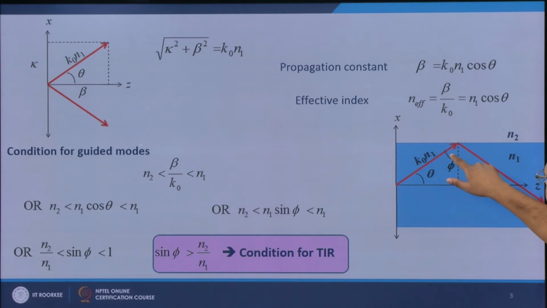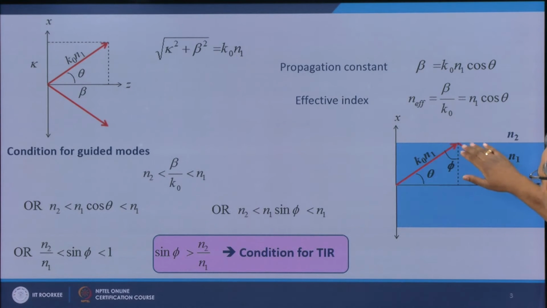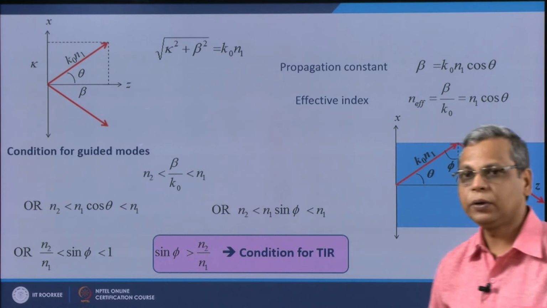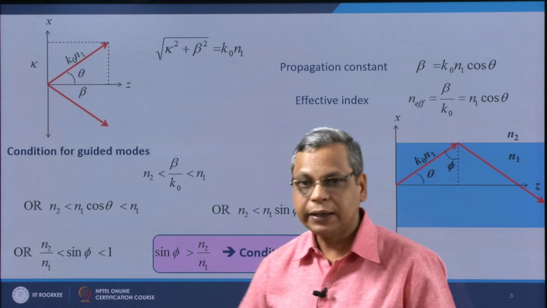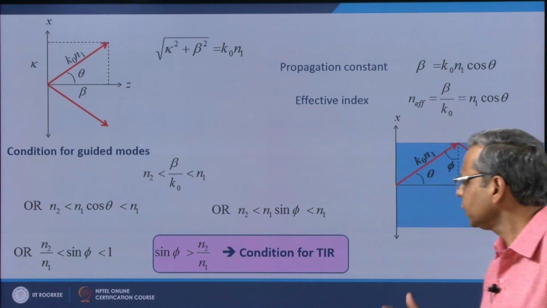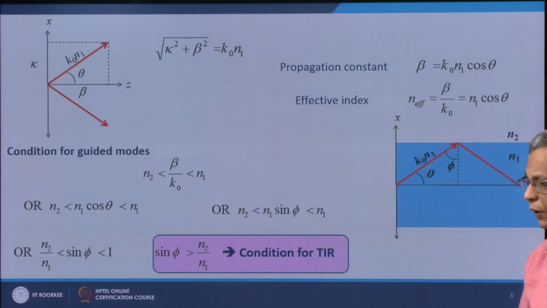If this angle phi is smaller than sin inverse of N2 over N1, then this wave will not undergo total internal reflection at this interface, and it would be refracted, and the corresponding mode would be radiated out. It would not be guided anymore. So, this is how I can understand the modes of a waveguide.